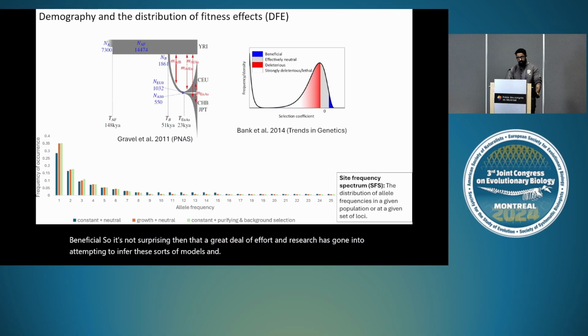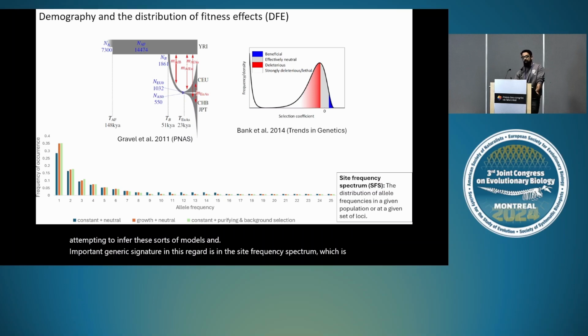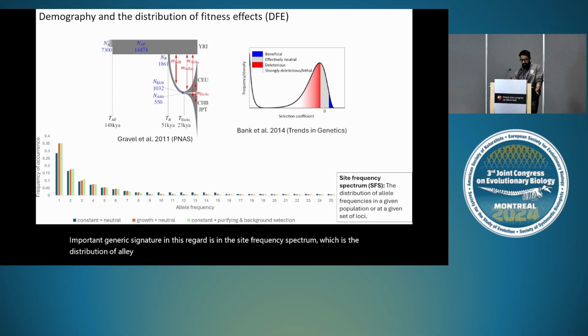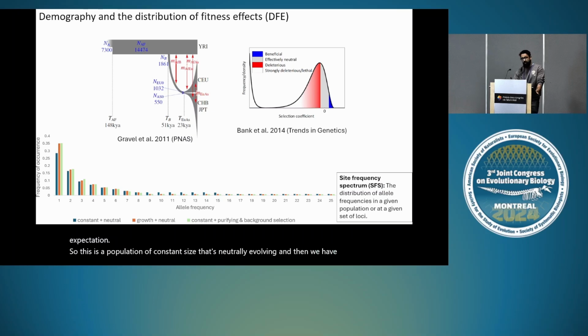An important genomic signature in this regard is the site frequency spectrum, which is the distribution of allele frequencies within a population. We have three site frequency spectra plotted at the bottom here. In blue we have our neutral expectation, a population of constant size that's neutrally evolving. Then we have two deviations from this.